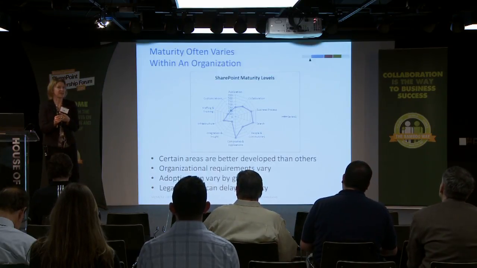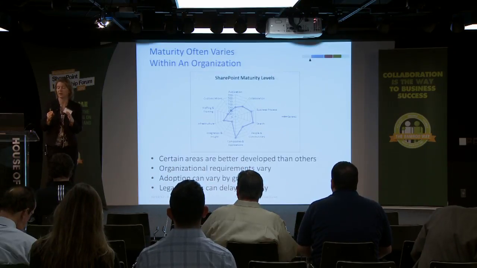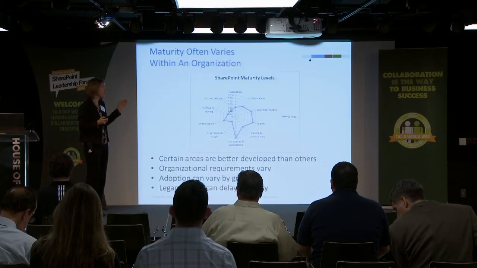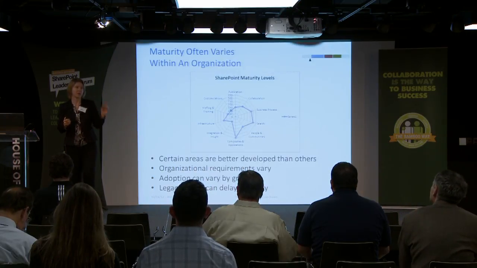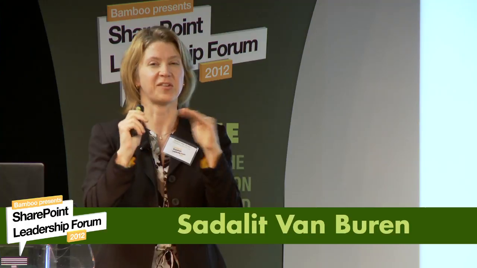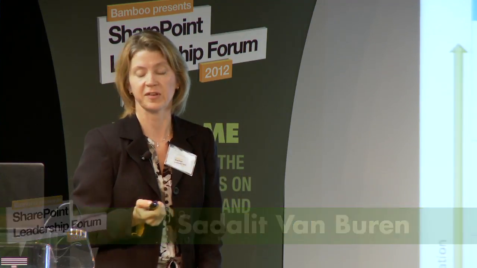You might have legacy systems that you've got to still support, so you can't get to the next level for whatever reason. There's a lot of different reasons why this can happen, but I just want to point out as we go through this, there can be a lot of variance. So as you're thinking about your own organizations, you're probably going to be able to think of places where, over here the level's here, and over here it's down here. And if you decide to do the assessment, you just have to kind of average down to what your gut says the organization is.